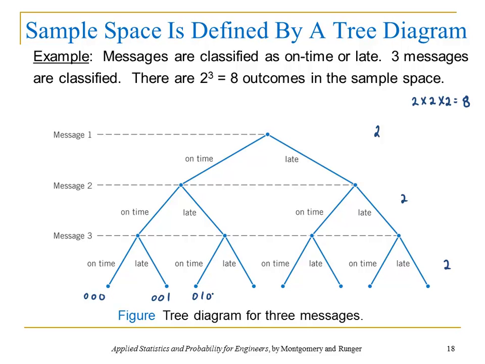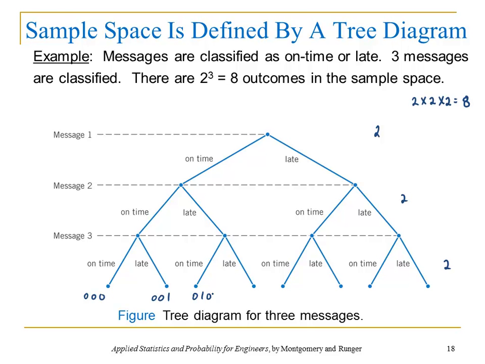I can ask you, what is the probability of having all of them on time? Correct. It's going to be 1 over 8 because you have 8 possibilities and you're trying to pick 1 out of the 8. So the chances of having all the messages on time is going to be 1 over 8.